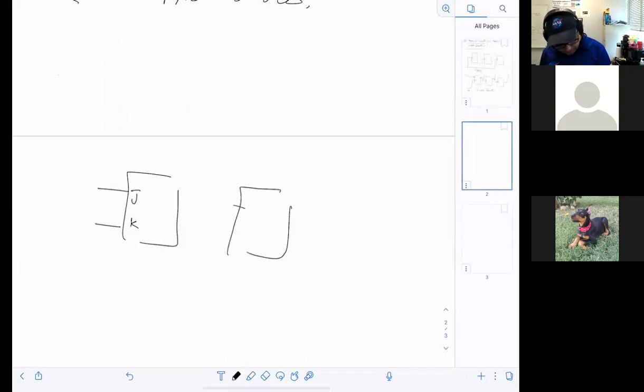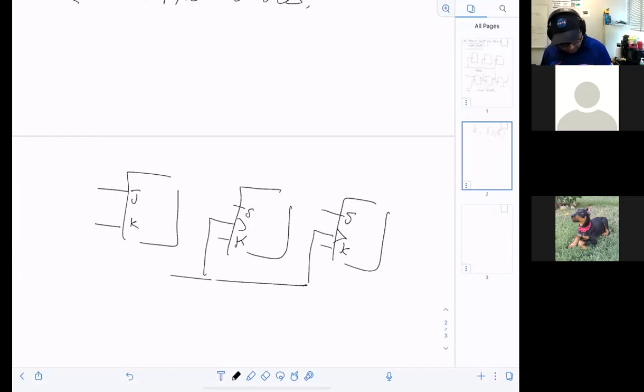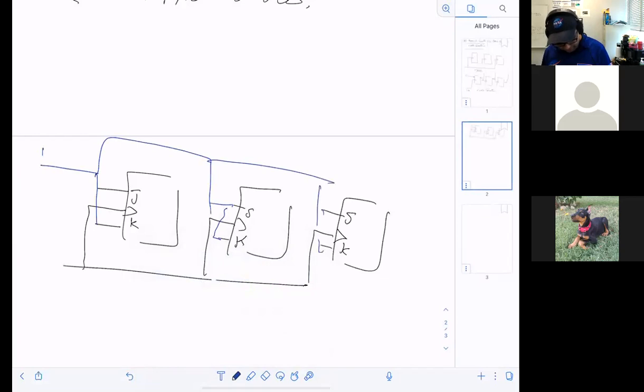If I'm gonna use it like this, JK, and the clock, then you come here and say that I want this to be tied together and connected to 1. And that'll be exactly a T flip-flop.